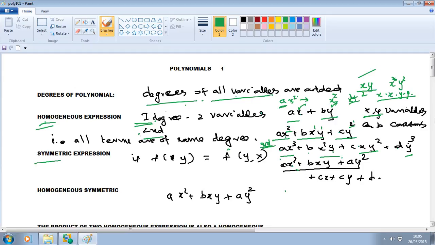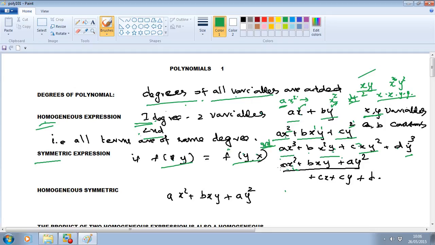The definition of symmetric: if a function of x, y is equal to the function of y, x, that is, if you replace x by y and y by x, then the equation is the same. That is symmetric.